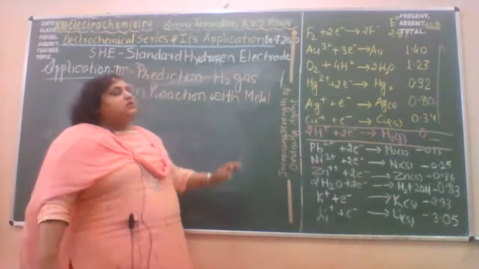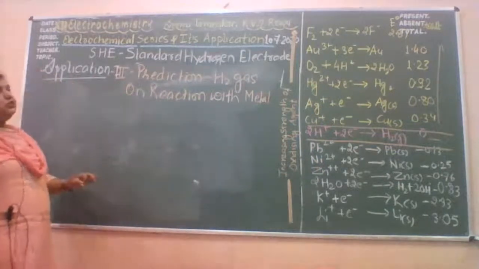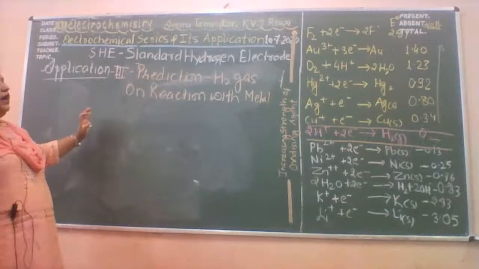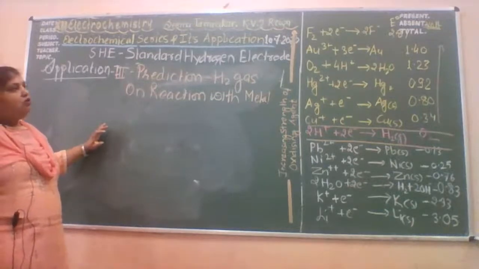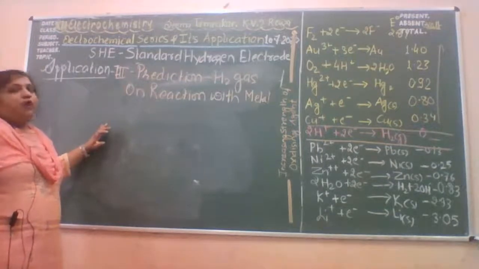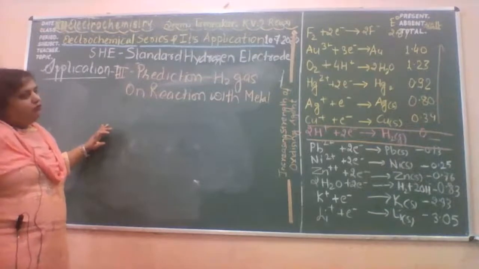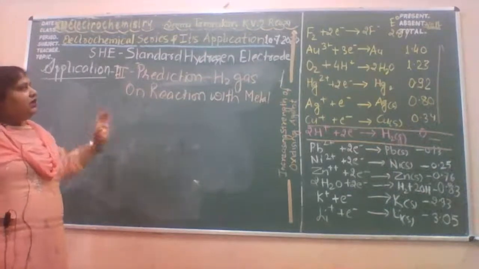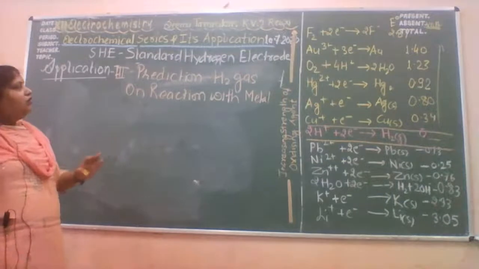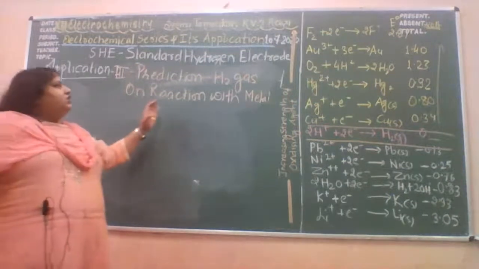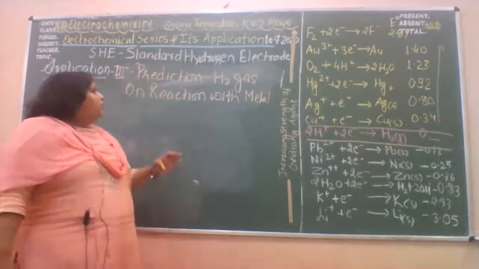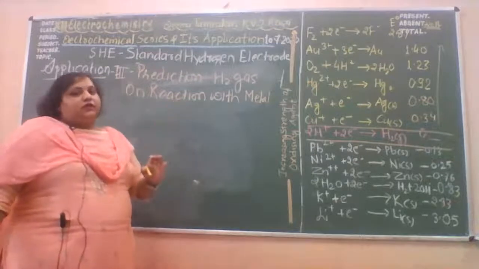So which word is important here? Relative position is important here, and by substituting the values of E naught, you can find out the EMF of the cell. And the third application that we have learned today is the prediction of hydrogen gas on reaction with metals.